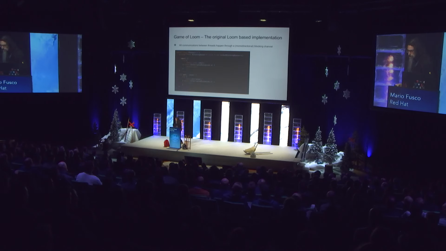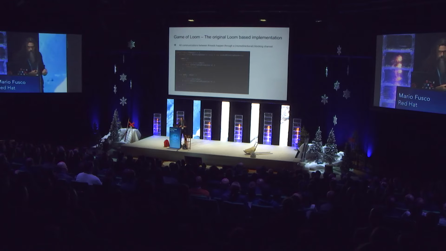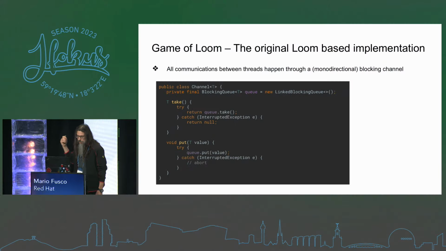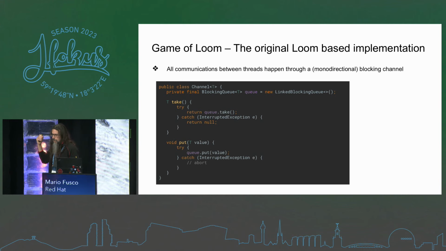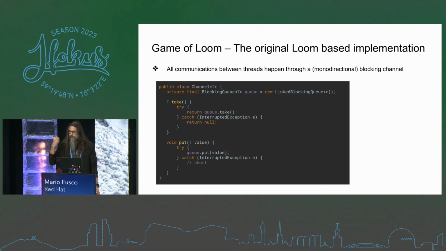This means that you need to provide a means for threads to communicate. The simplest one, the one implemented by Elliot, was with a blocking queue. So a thread writes something on this blocking queue, and there is another thread reading from the blocking queue, waiting for a value to be present, reading it, and then doing something.